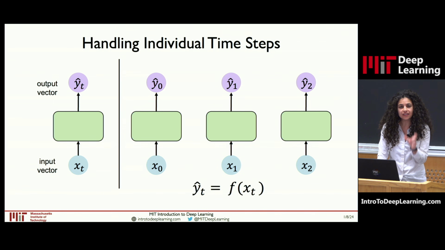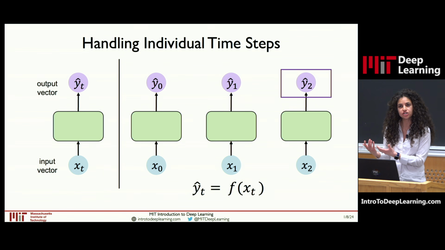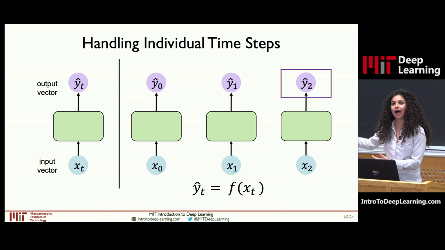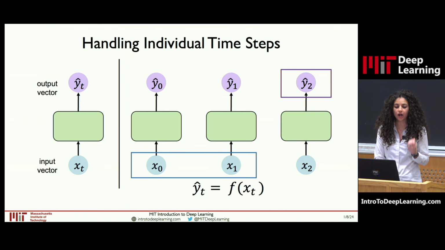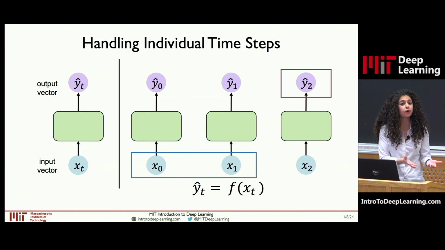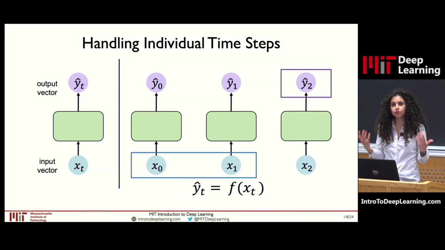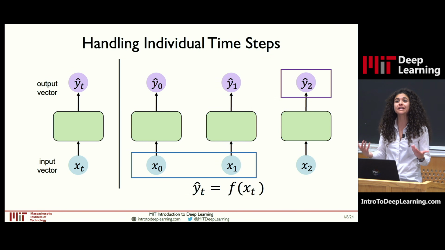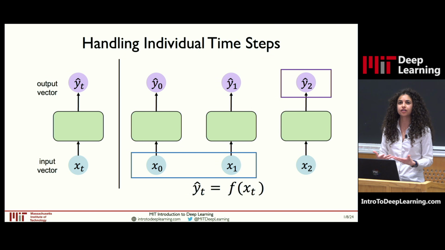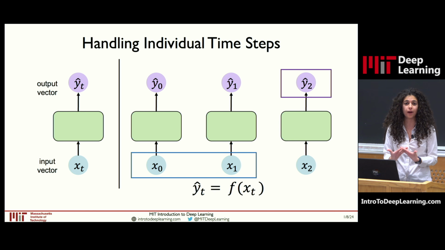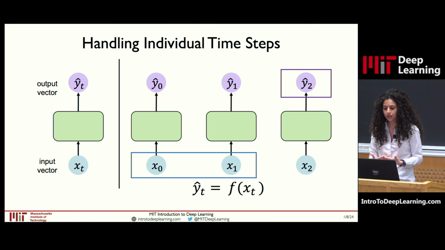Indeed, in this setting, we're just treating the time steps in isolation, but I think we can all appreciate that the output at a later time step, we want it to depend on the input and the observations we saw prior, right? So by treating these in isolation, we're completely missing out on this inherent structure to the data and the patterns that we're trying to learn.